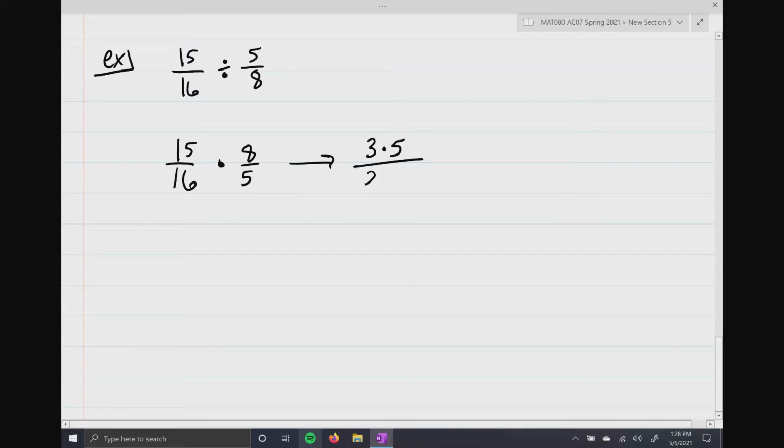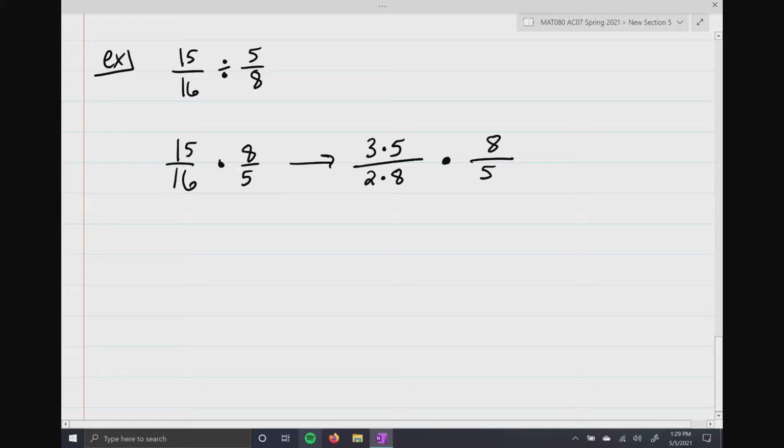I'm going to write 2 times 8. And the reason being is, if you look at the second fraction, I have an 8 in the numerator, so I'm going to leave it like that. And in the second fraction, the denominator is a 5. Well, that's nothing more than a prime number. That can't be reduced any further.